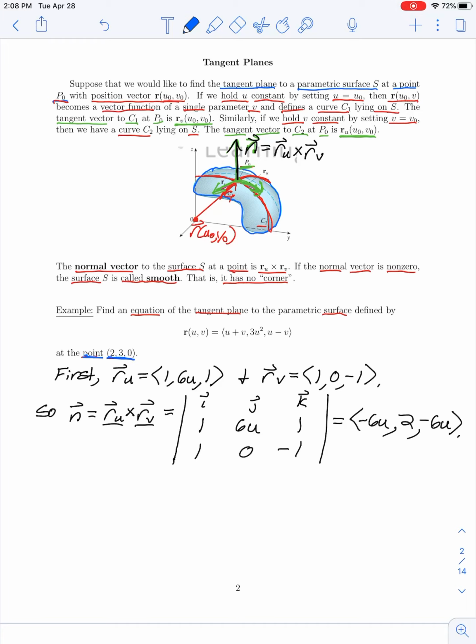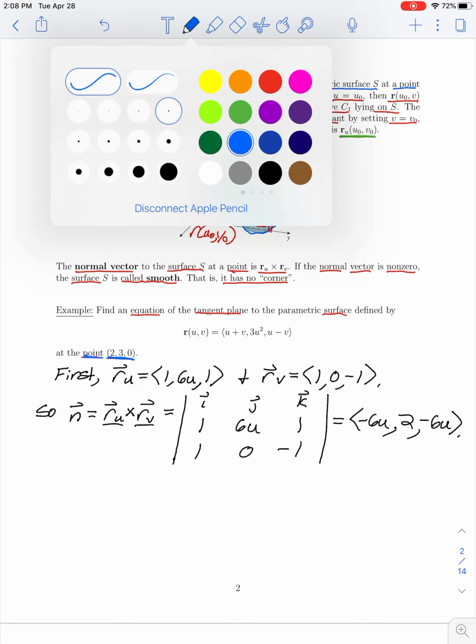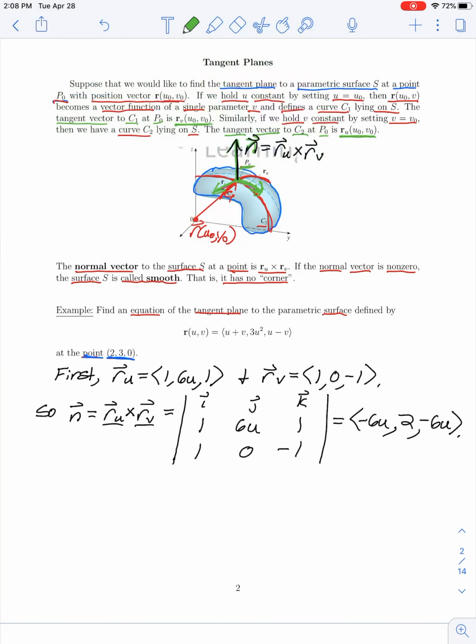Let's think about what the parameters u and v are equal to in order to describe that point. If we equate our component functions, the last component, 0, has to equal u minus v, so u and v are equal to each other. Looking at the first component, 2 has to equal u plus v.